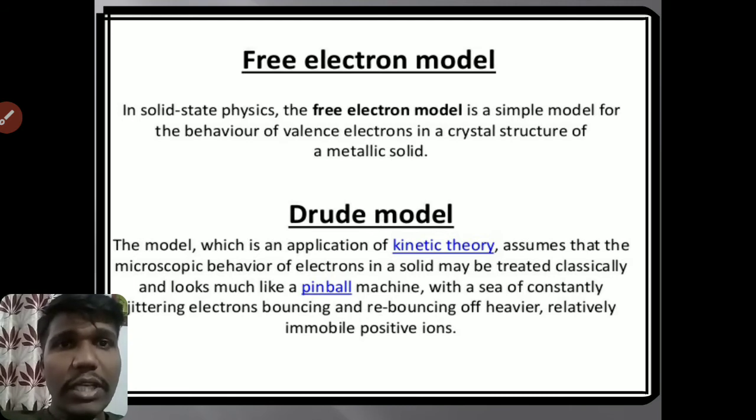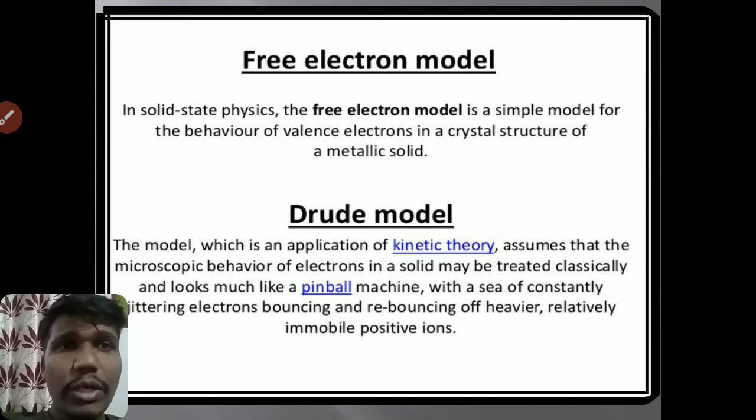So we have to define how signals are present and how current flows through the circuit. Like a pinball machine, a small pinball machine, the small current flows through the circuit.